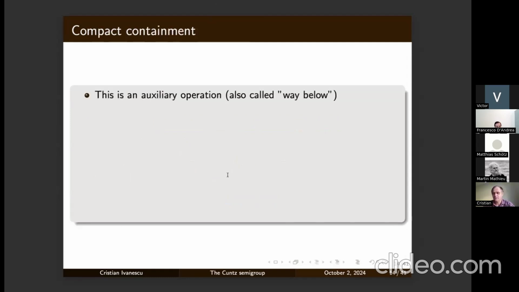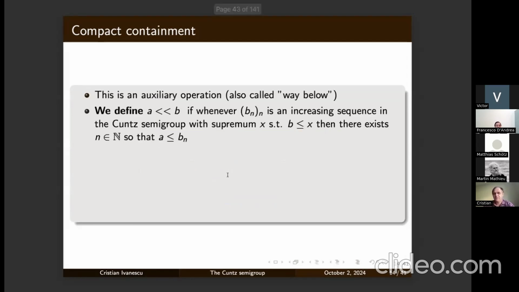Now, on the Cuntz semigroup, we have what is called an auxiliary operation, sometimes called way below. And this may explain a little bit what I mean by existence of suprema. We define that A is Cuntz below B if, whenever we have an increasing sequence Bn, where increasing means that Bn is less than Bn plus 1, in the Cuntz semigroup with supremum X, such that B is less than X, then there exists N such that A is less than Bn.